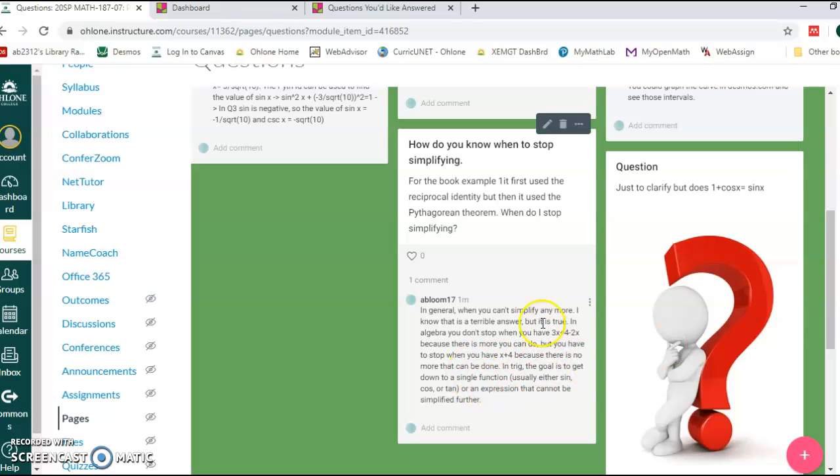I apologize now. This is the worst answer I've ever given. How do you know when to stop simplifying? You kind of just know because you can't do anything more. It's an awful answer, but when you first started in algebra, the question was, when do I stop combining like terms? And over time, you started to realize that when you don't have any more like terms, you stop combining. In trigonometry, the goal is to get things down to a single function.